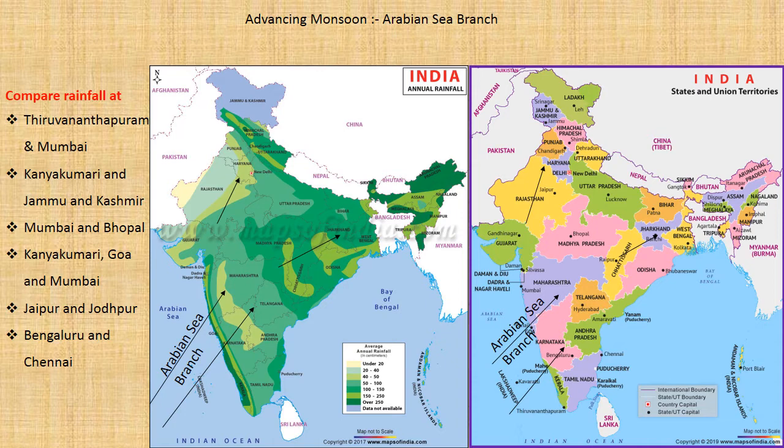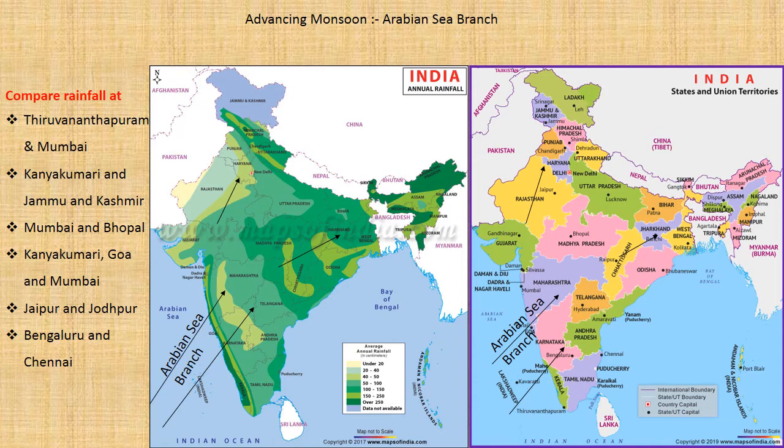Now, when the Arabian Sea branch moves and hits the southwest coast, the windward side of Western Ghat will receive heavy rainfall. So now let's look at the political map. Goa, Panji, Mumbai, all the places which lie on the coastal area, even Kochi in Kerala, will receive heavy rainfall from the Arabian Sea branch.